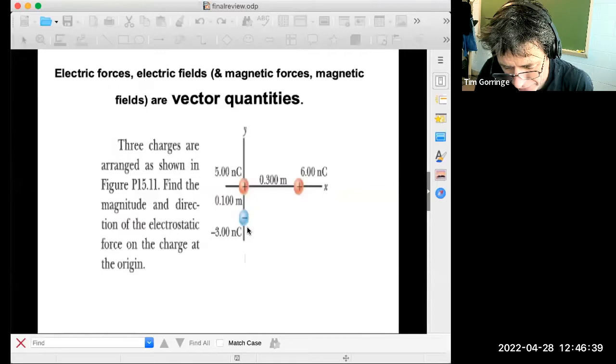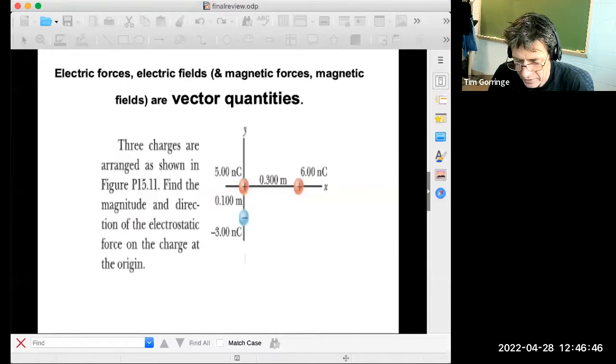And we're asked to figure out the size and the direction of the electric force on the charge that's located at the origin. So what's the size and the direction of the electrical force on this charge located here at the origin due to the two other charges that are in its neighborhood? So that's our task. This is going to involve the electrical fields of point charges, and the superposition of electrical fields of point charges.